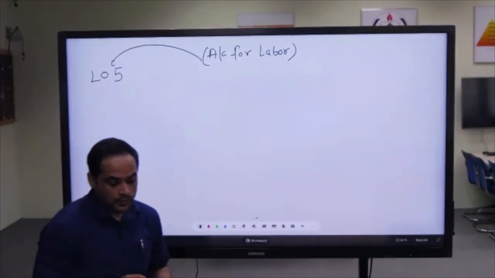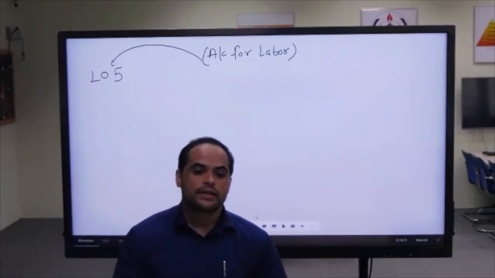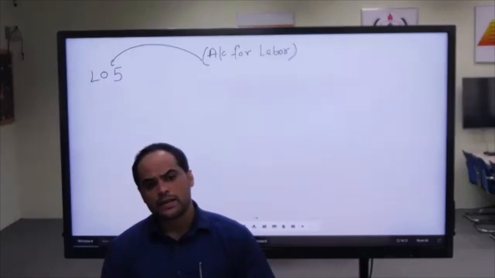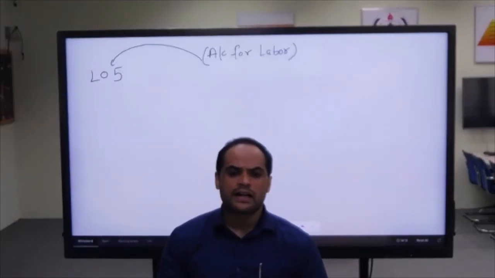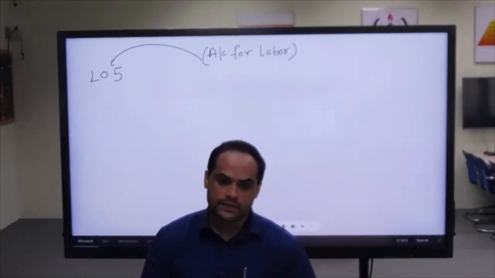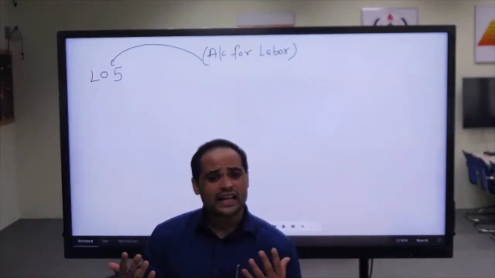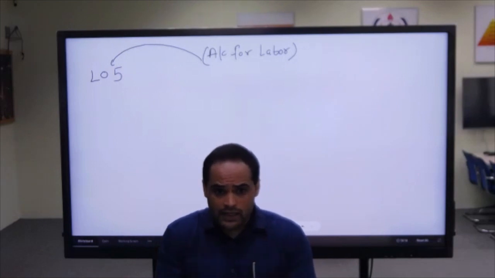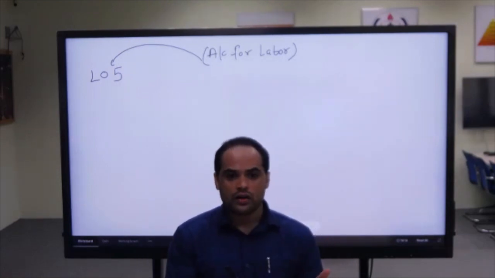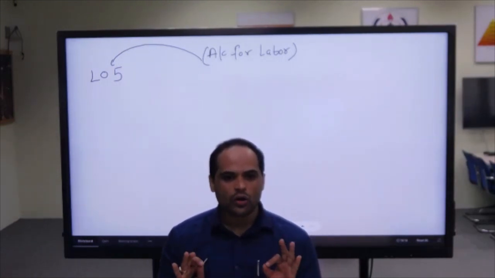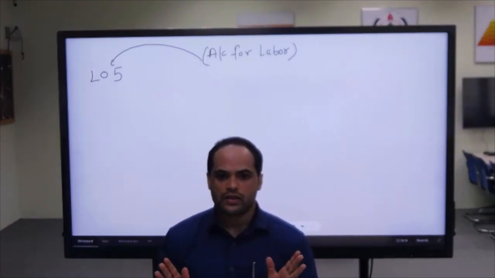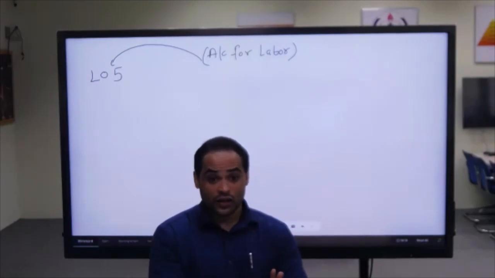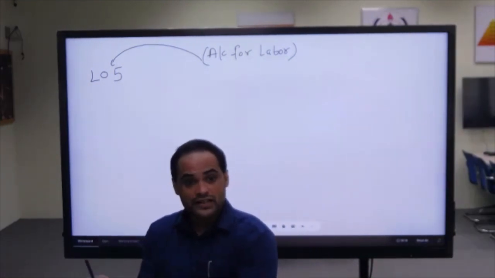So learning outcome 5 is about estimating the labor cost for some kinds of special problems, or some special kinds of labor cost. That is the labor cost, the money we are paying to the worker, but it is not a simple labor cost. It's not that you work these hours and I give you money. It's not like you produce these products and I give you money.